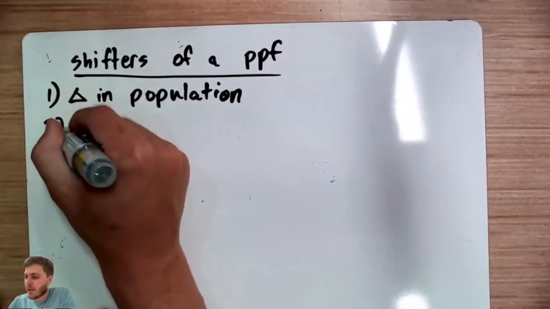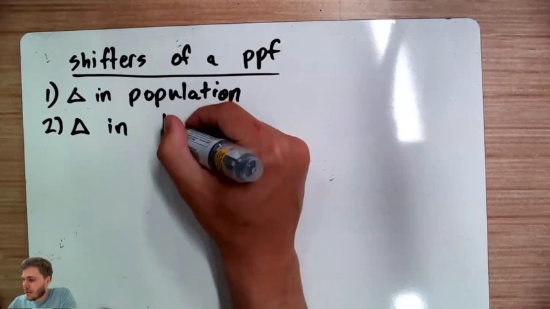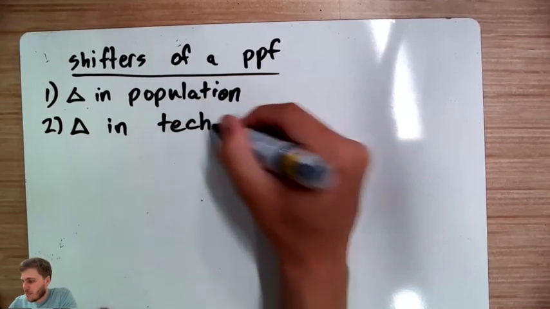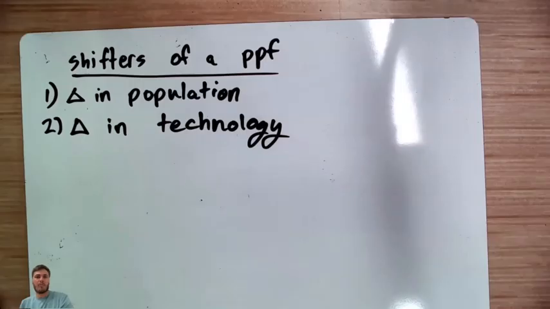Our second one is going to be changes in technology. Let's say we now suddenly invent some tools, capital goods here, that's going to make it easier and more efficient and quicker, any of those things, to make computers or wheat.